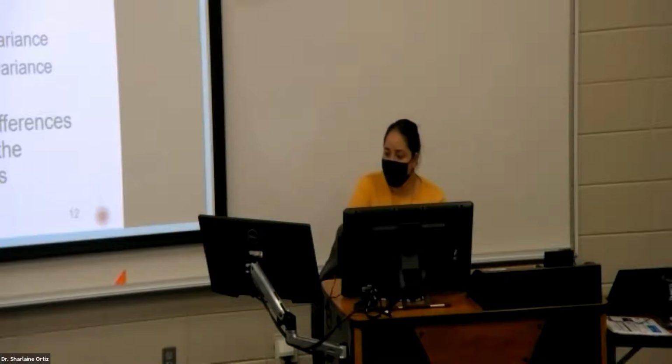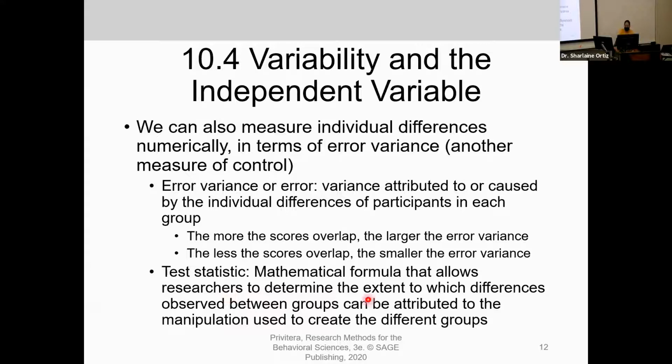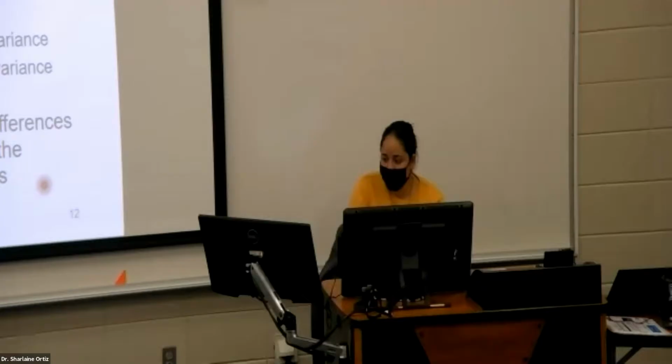We're trying to note with that test statistic the extent to which the differences that we observe between these groups can indeed be attributed to that manipulation that I used in the first place to create the different groups.